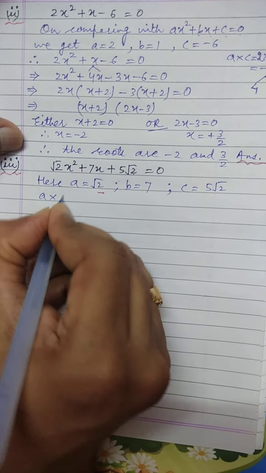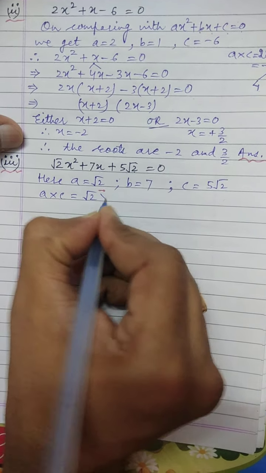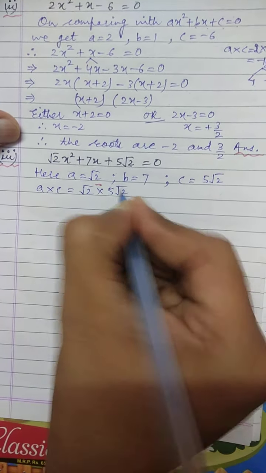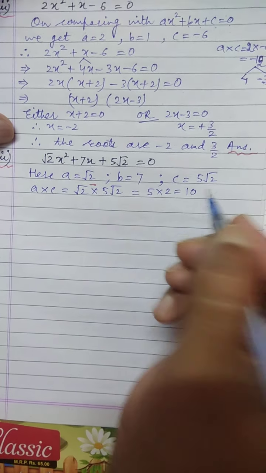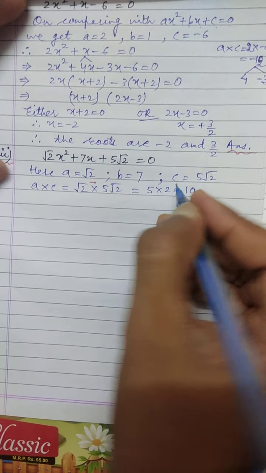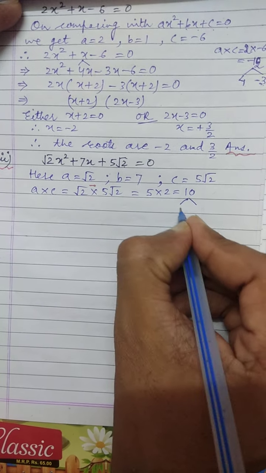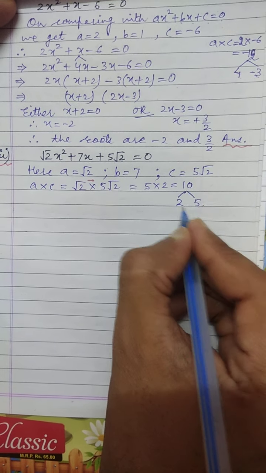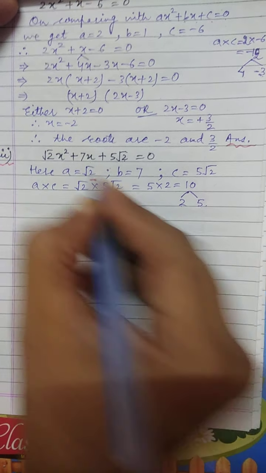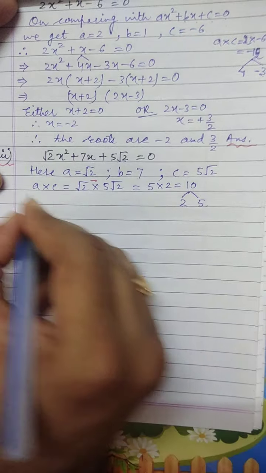So product of a and c, which is root 2 multiplied by 5 root 2, you will get 5 multiplied by 2 as 10. So the two factors of 10 are 2 and 5. When you multiply 2 and 5 you get 10, and when you add 2 and 5 you get the middle term, which is 7.